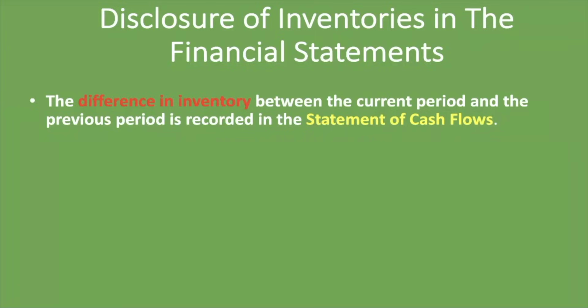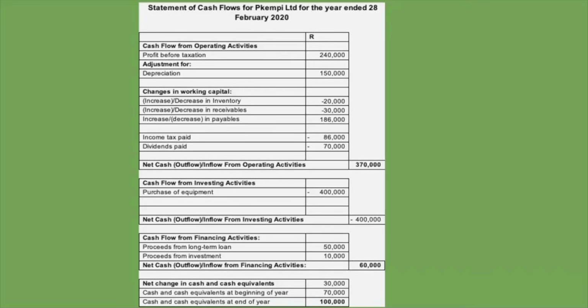And in the statement of comprehensive income or the income statement, you record the inventory that you sold during that period. You record the cost of that inventory. And in the statement of cash flows or the cash flow statement, you record the difference in inventory between the current period and the previous period. And this is how it should appear in your cash flow statement.